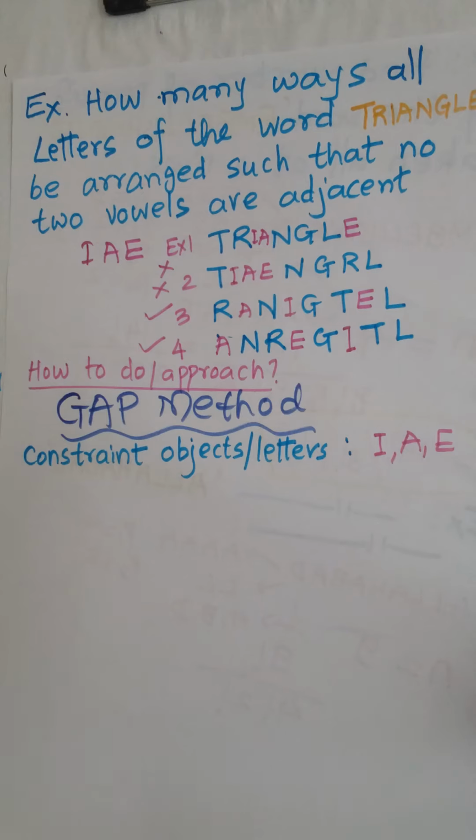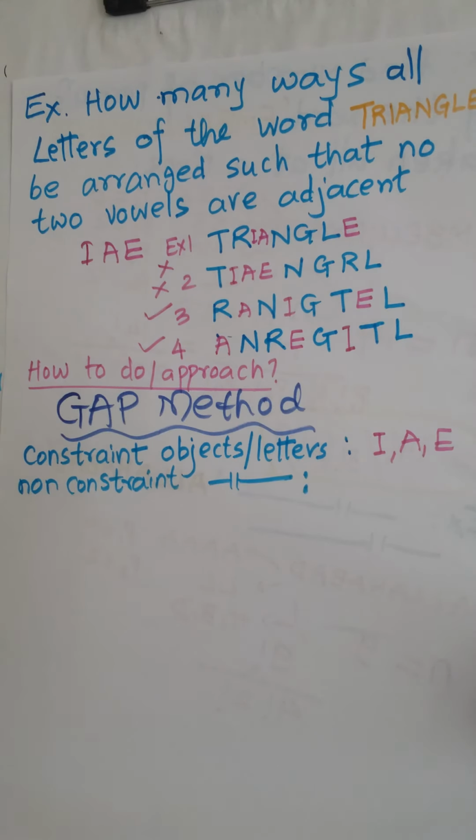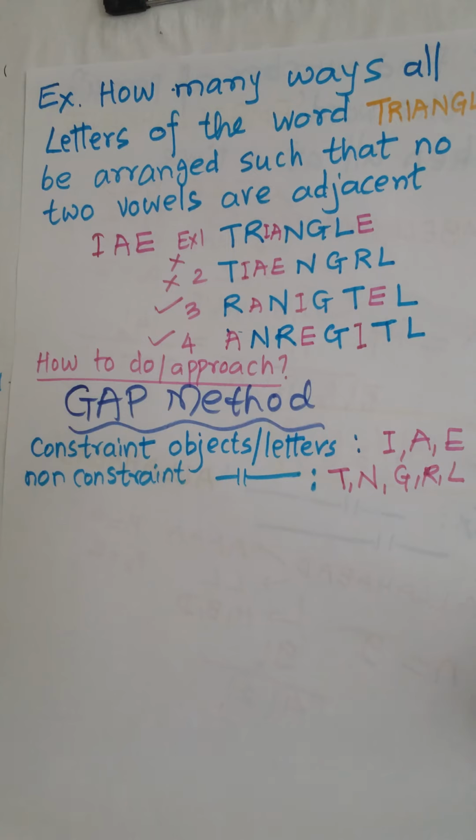They are I, A, E, because the constraint is on the vowels that they should not be together. This allows us to define the other ones, which we call non-constraint letters, which in this question are T, N, G, R, L.